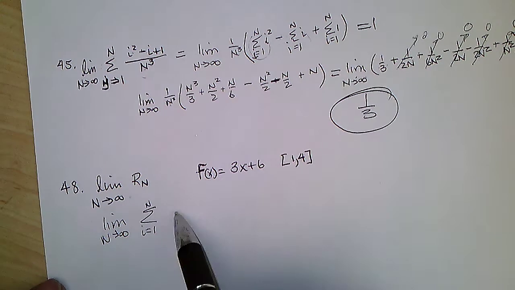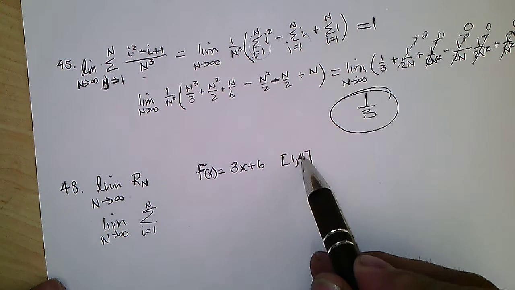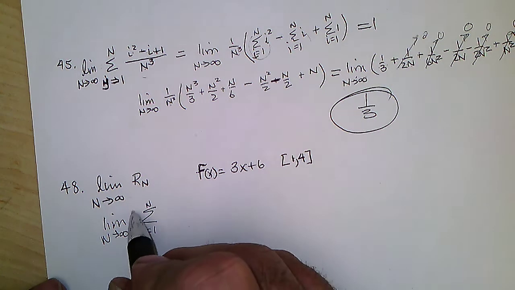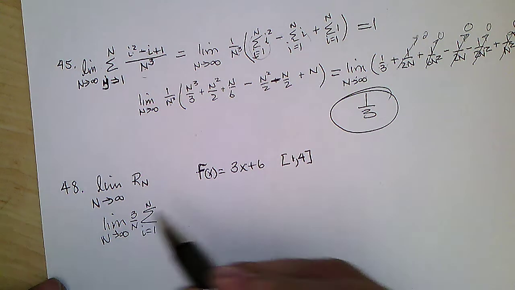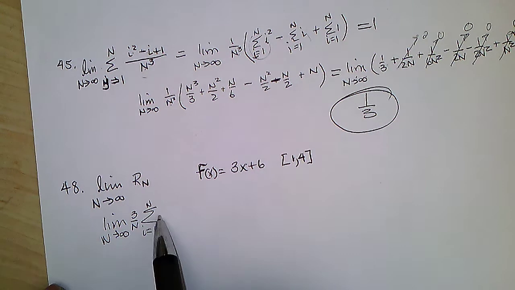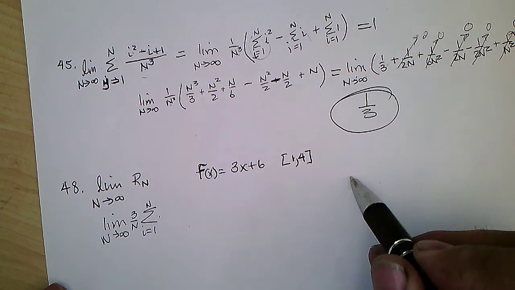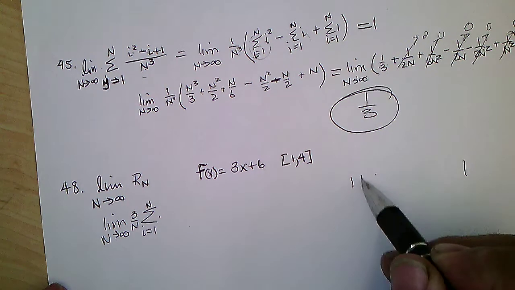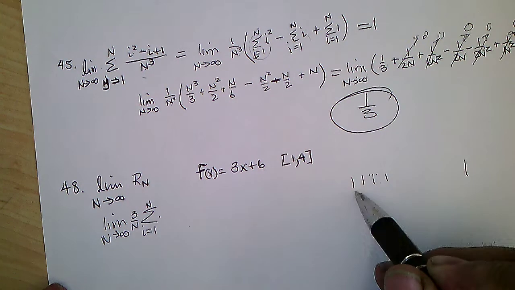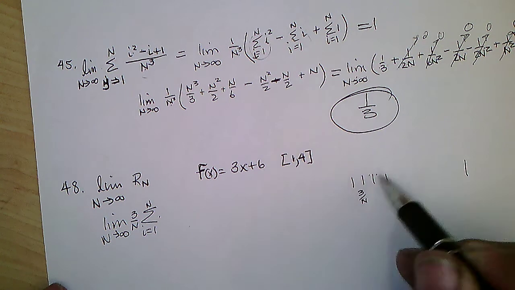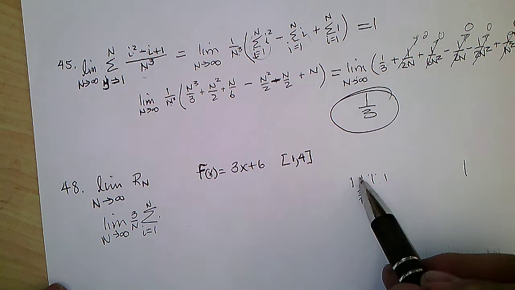The width of the interval will be 4 minus 1, 3 divided by n, times each one of these. And then I have to be on the right side. So if I've got 1 and here's 4, and I split this up into a whole bunch of pieces, each one of these is 3 over n wide, and I want to be on the right side.